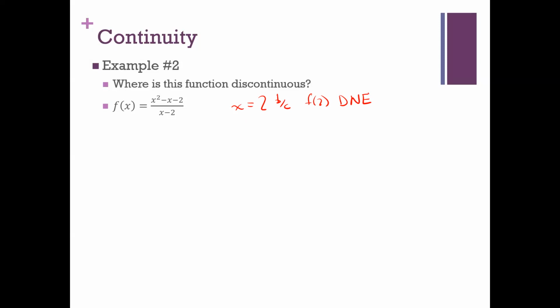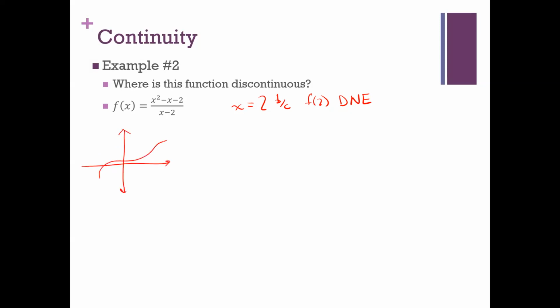Question? How do we know that was x equals 2? You can't divide by 0, right? So, a couple things here. Without really analyzing this algebraically, this discontinuity could look like at least these 2 things.